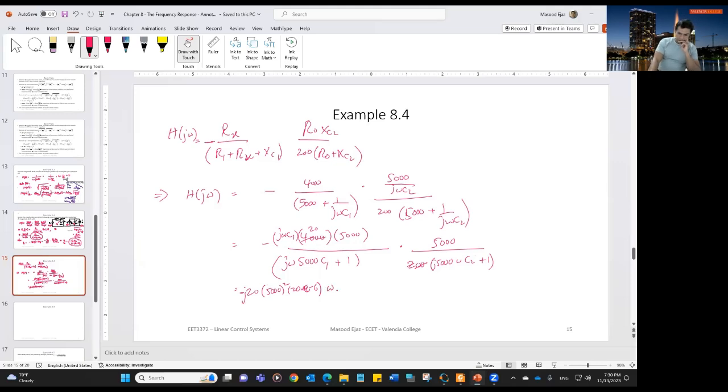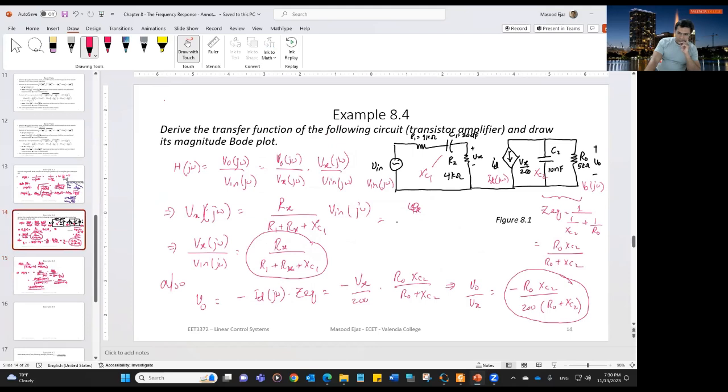That's the numerator. And the denominator is going to be, let's see what is 5,000 times C1. 5,000 times 20 microfarad.